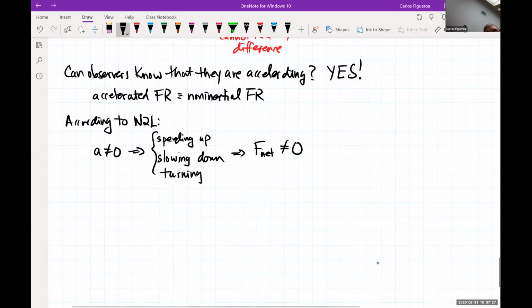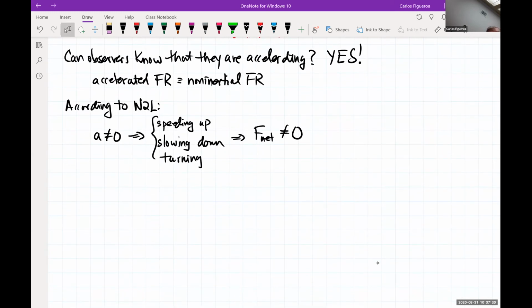Something must be forcing you to accelerate. So if something is forcing you to accelerate, then the observer feels that change in velocity.